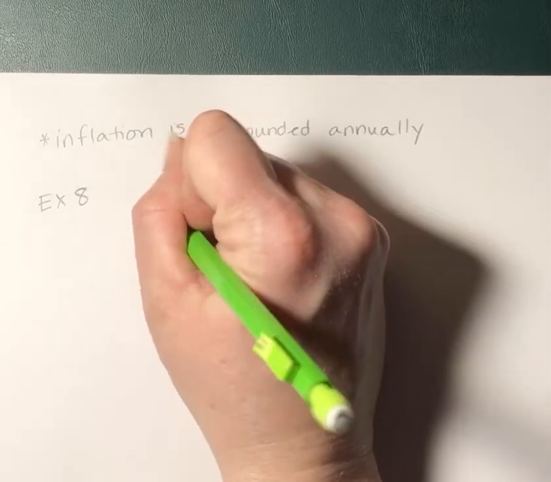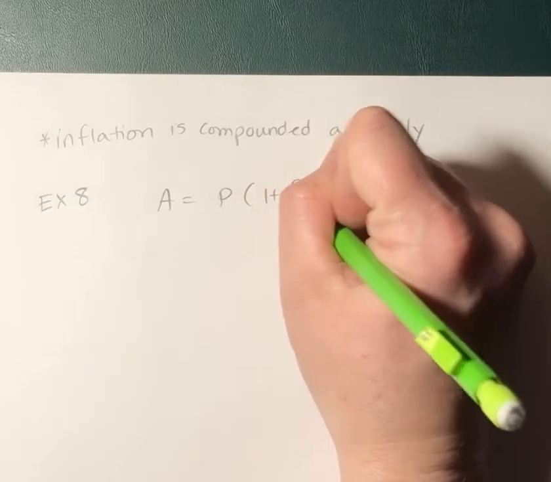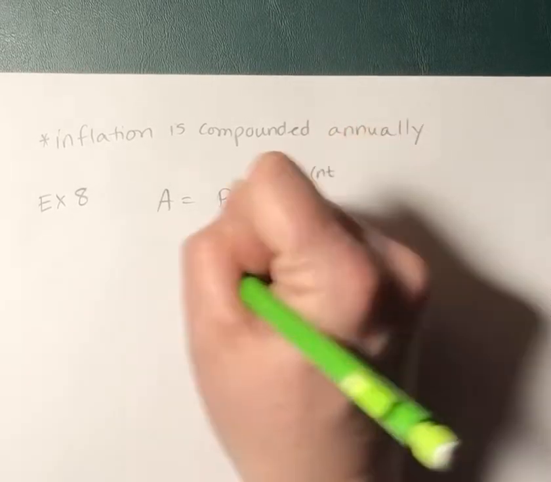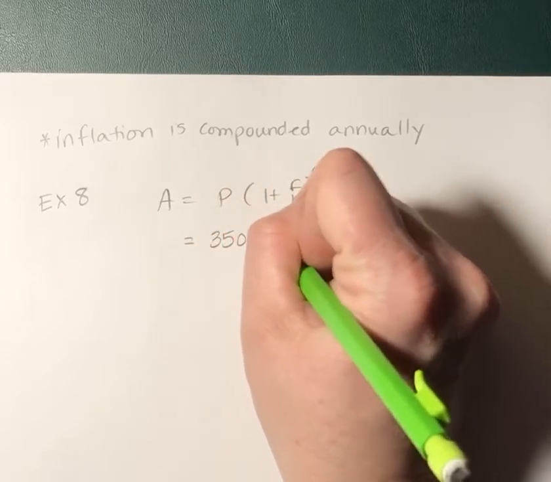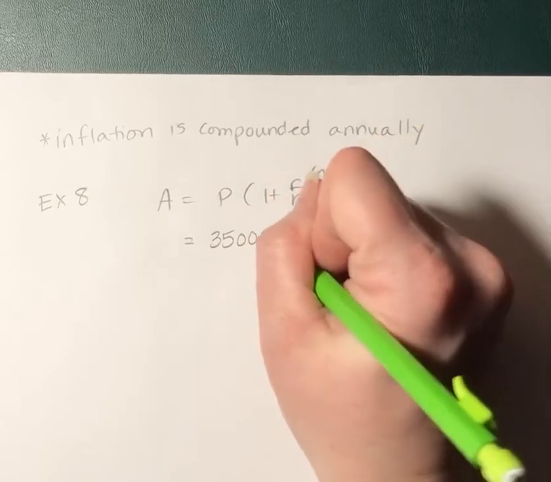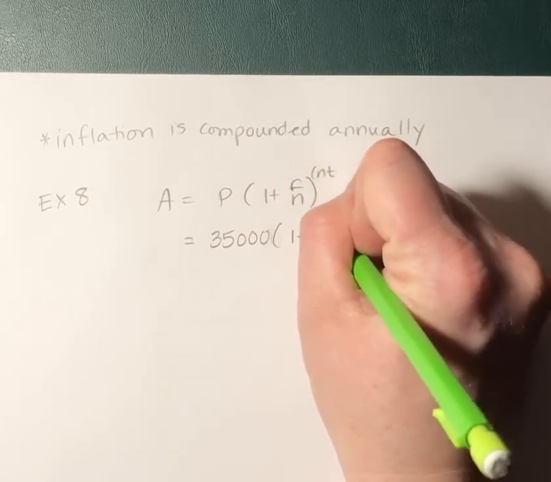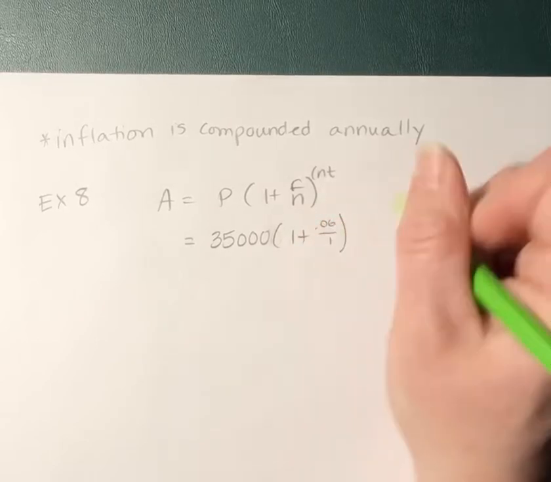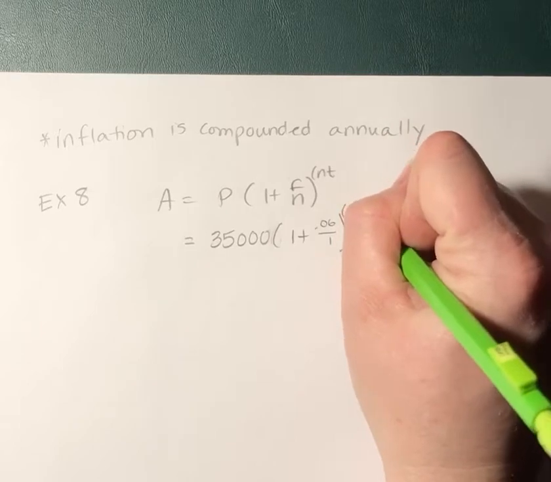So my present salary is $35,000. Inflation rate is 6% compounded annually. And then this is in 20 years.